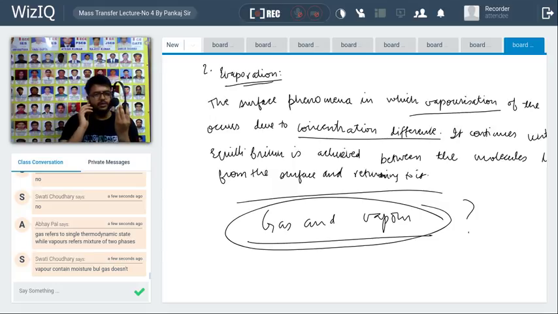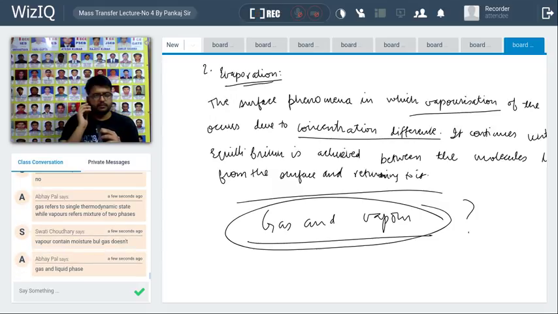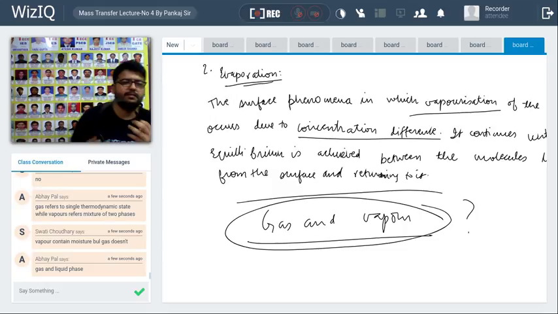Air is a gas. It contains a mixture, right? You're right. Vapor contains moisture, but gas doesn't. Air is a gas, and it contains a small amount of water vapor also.